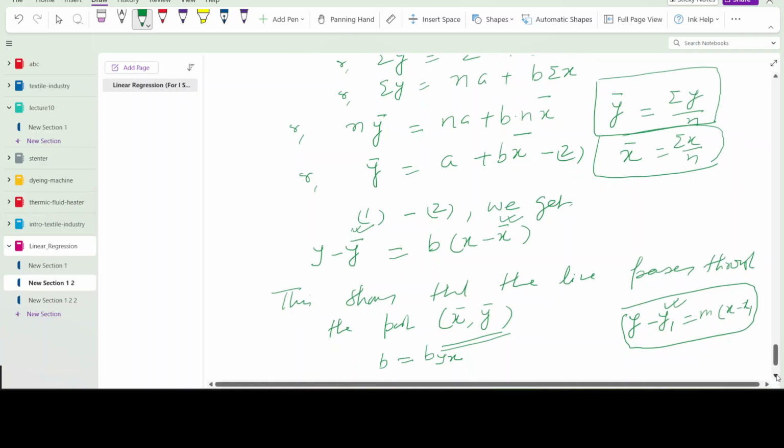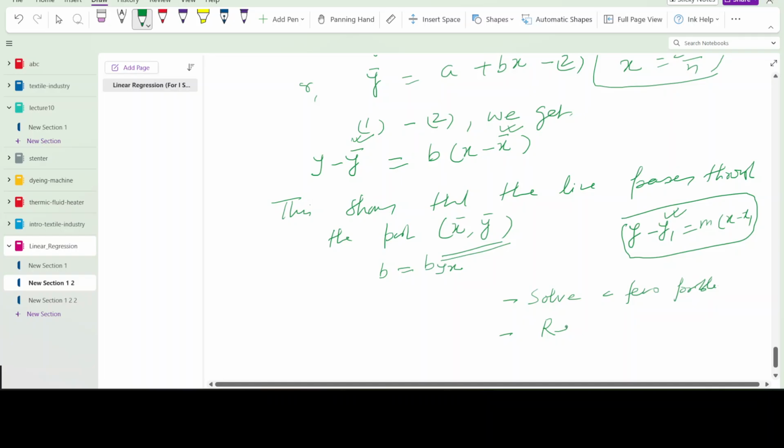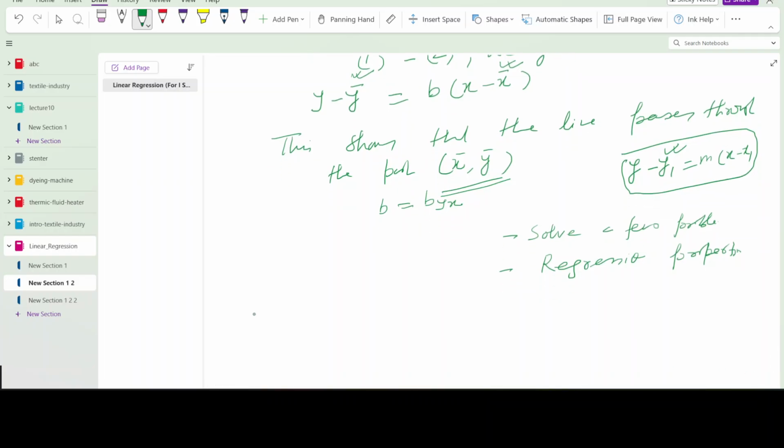In the next lecture, we will solve a few problems and then we will see regression properties and we will see another form of the value of b that will help us in further solving the problems.